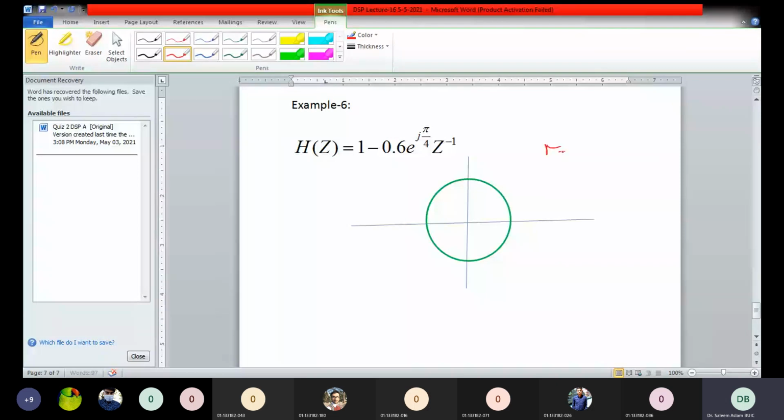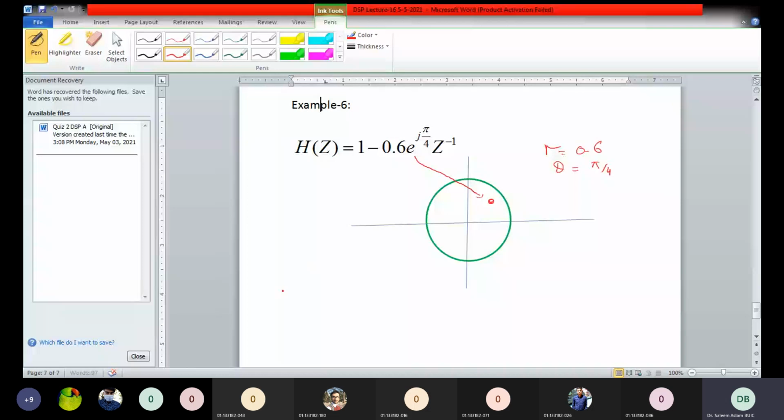So its r is 0.6 and its theta is pi by 4. So 0.6 is somewhere here. Looking at the angle, from here to here it becomes 0.6. So this is your zero, and its location is this. This is basically r = 0.6 e to the power j pi by 4.